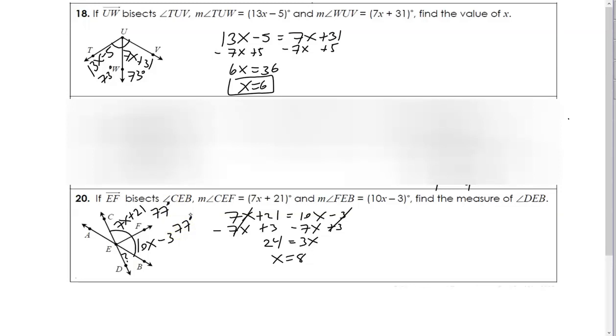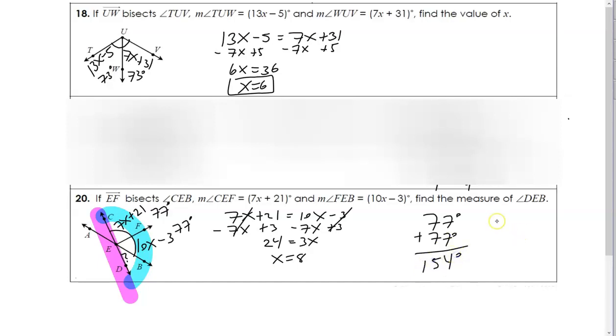Now notice, this right here is a straight line, right? So everything on a straight line, which means all 3 of these angles here have to equal 180. And what do we know so far? Well, out of that 180, we have a 77 and a 77, so that gives us 154.